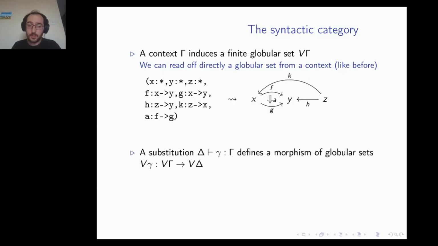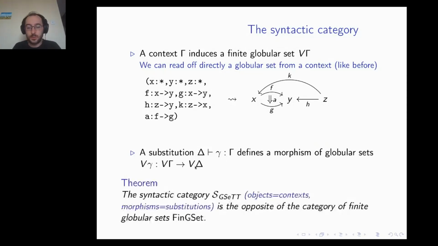And what's more is that the substitutions also define morphisms of globular sets. So if I have a substitution from Delta to Gamma, it defines me a morphism V of small gamma from V Gamma to V Delta.